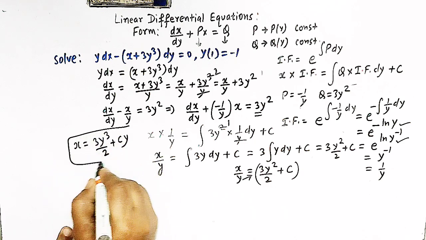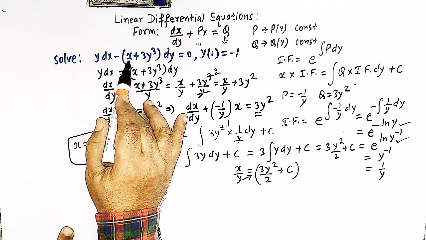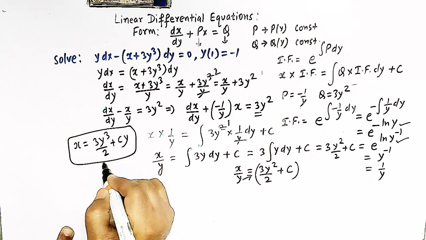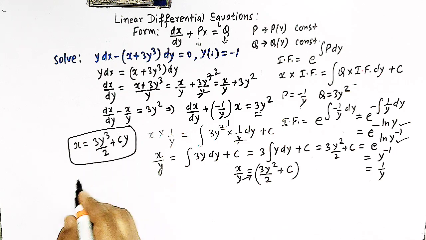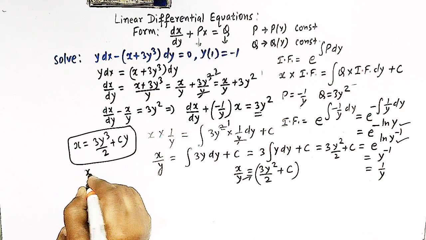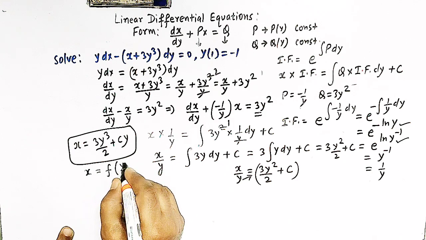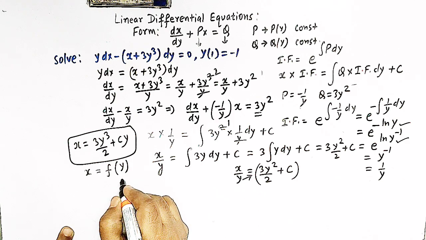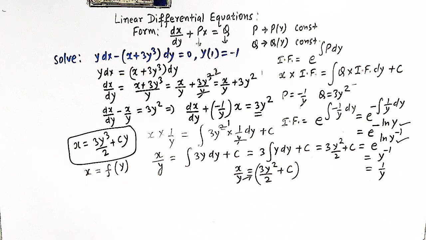So this is the general solution of this differential equation involving one arbitrary constant, right? And here we can see that the right hand side is in terms of y only. So the solution is of this form, that is x is equal to f of y, right? Where y is the independent variable and x is the dependent variable.